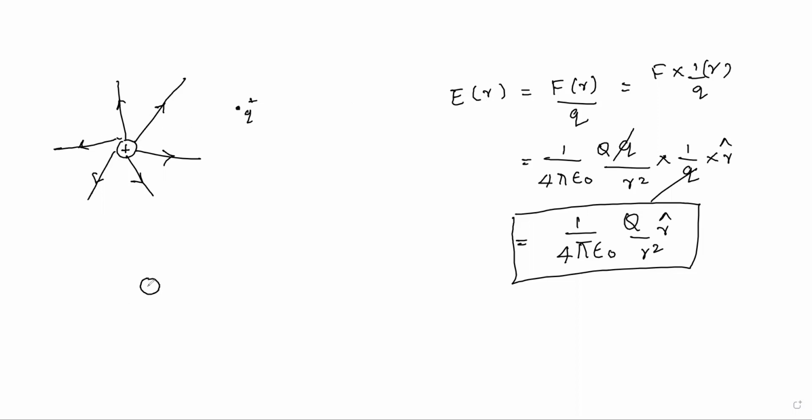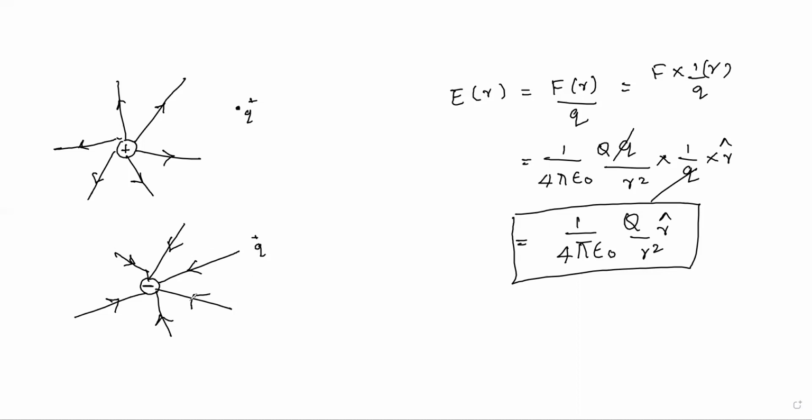Similarly, if we take the source charge as negative and the test charge as positive, there is an attraction. The attractive force is acting. So if the source charge is negative and the test charge is positive, there will be an attractive force and the direction will be radially inward.